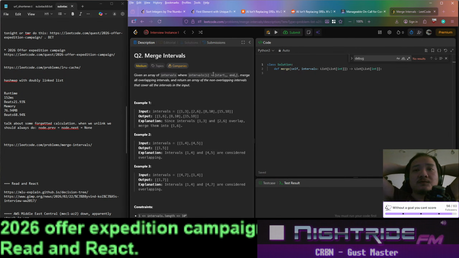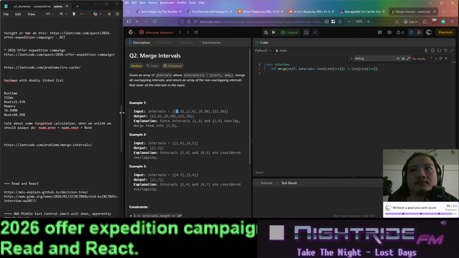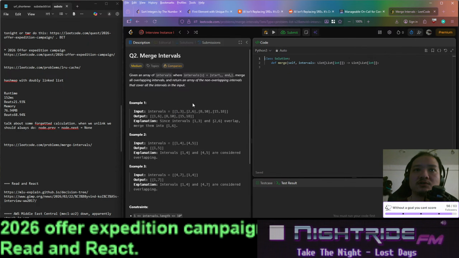Since intervals 1, 3 and 2, 6 overlap, do we just sort, and then as soon as we sort, like 1, 4, right, 4, 7, and then we keep going, and if we can merge them, we pop and then insert back?